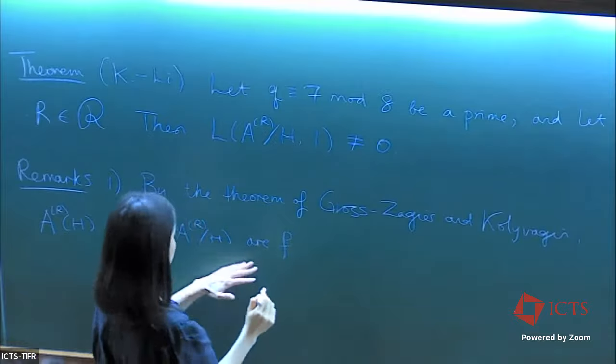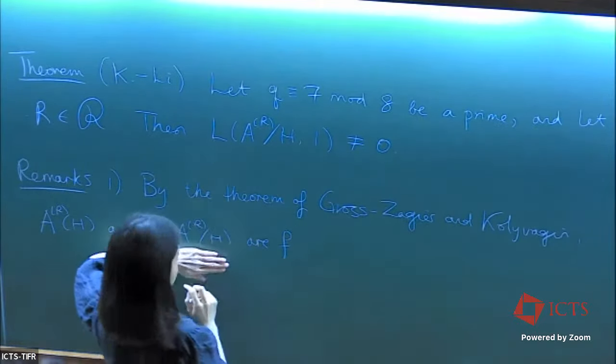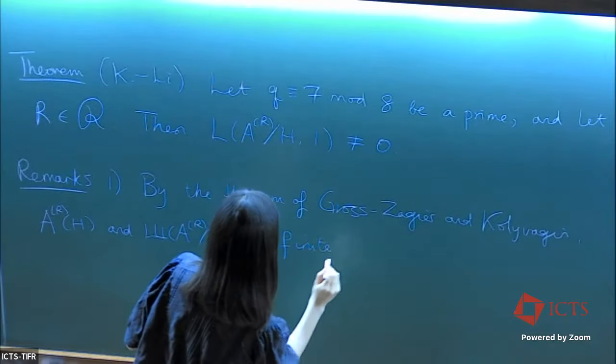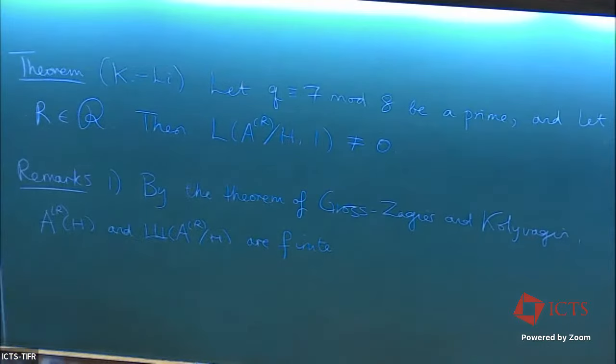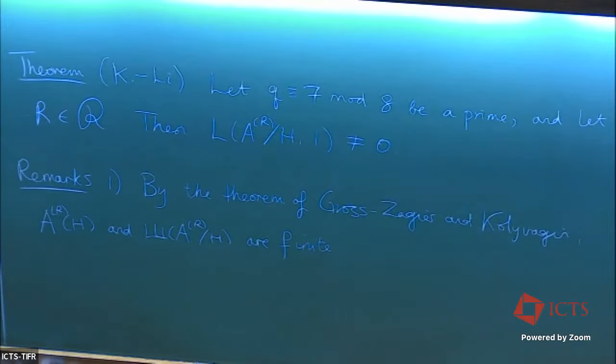The finiteness part is due to Kolyvagin of the Tate-Shafarevich group. You can try a 2-descent to show that this is finite, but such an argument doesn't give us anything about the order of the whole Tate-Shafarevich group.